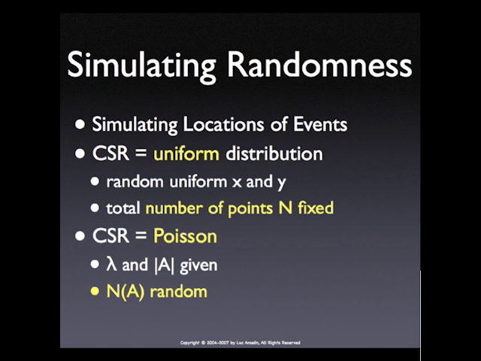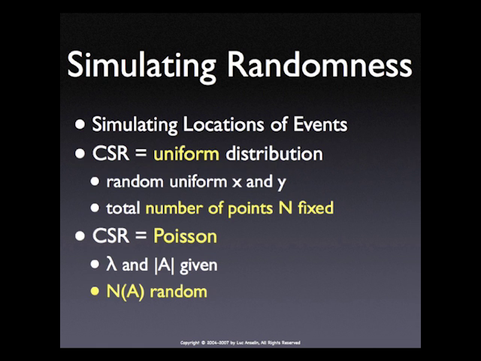This is the first approach. So we take n as given, and to make it easy, these are all put in a standard square. The sides of this square are 1, the origin is 0, 0, the upper right corner is 1, 1. So these two point patterns are completely spatially random.